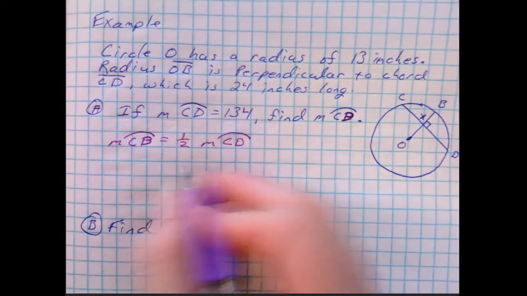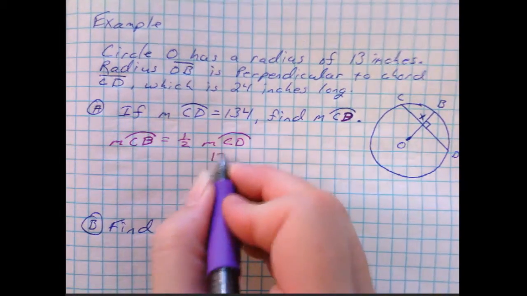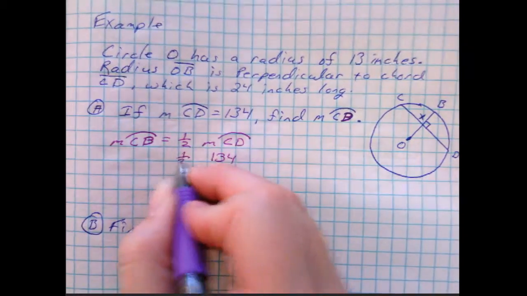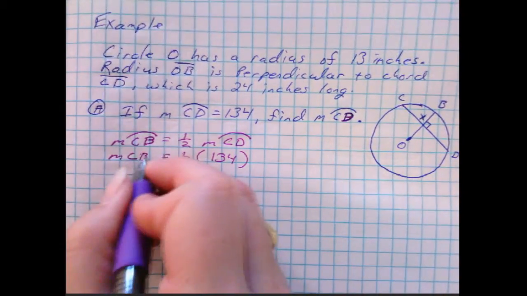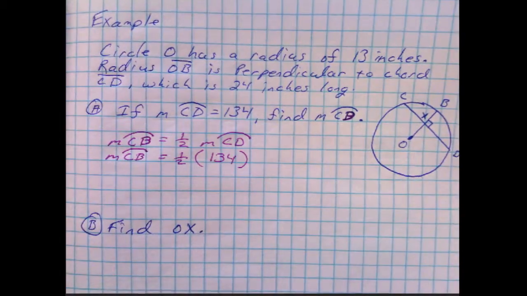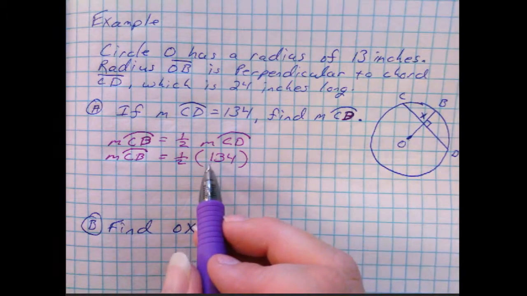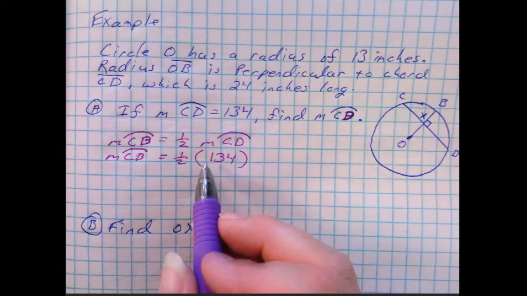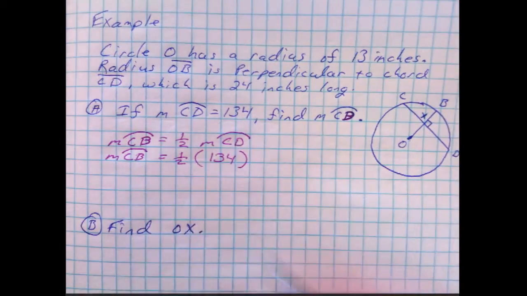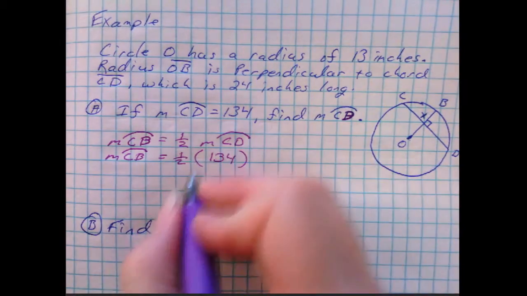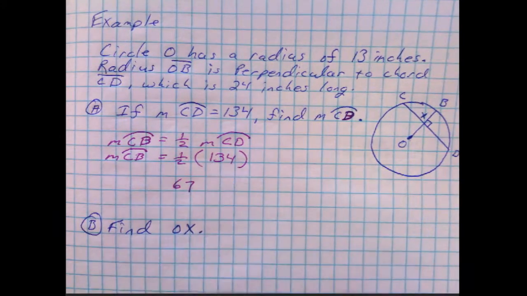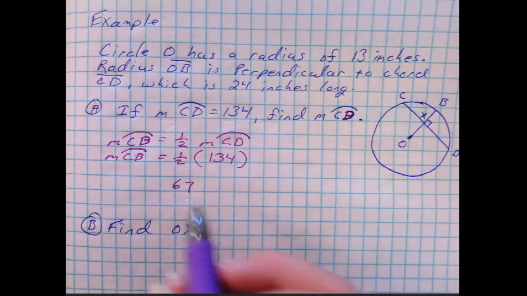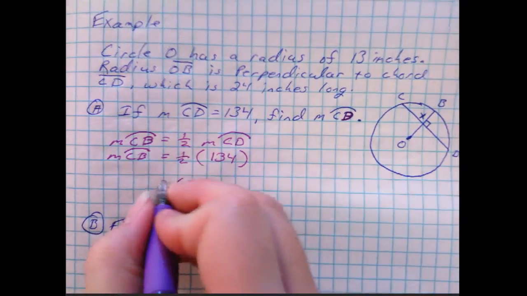We know that CD is 134, so 1/2 of 134, we end up with 67. Let me check my math there. 60 would be 120, and then another 14. Half of that is 7, so 67.